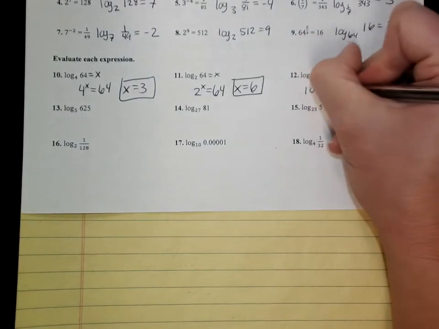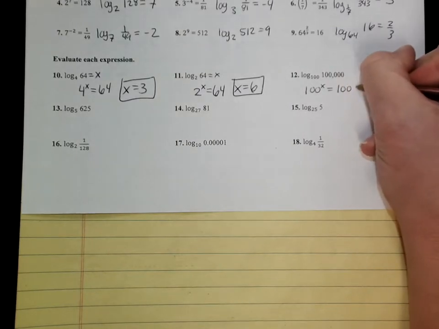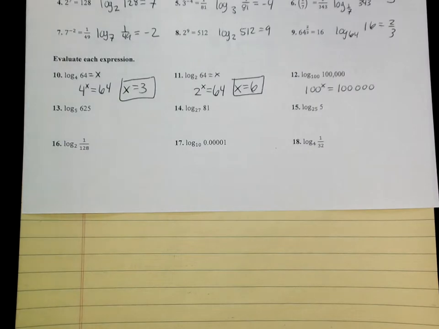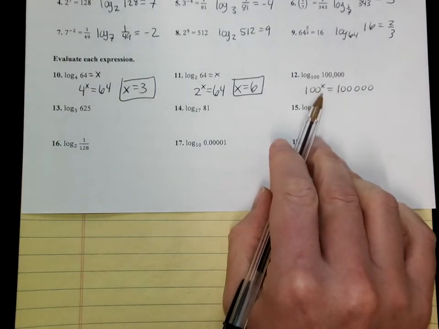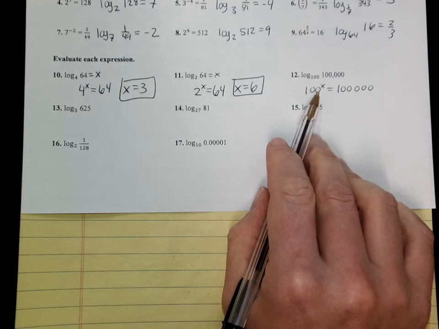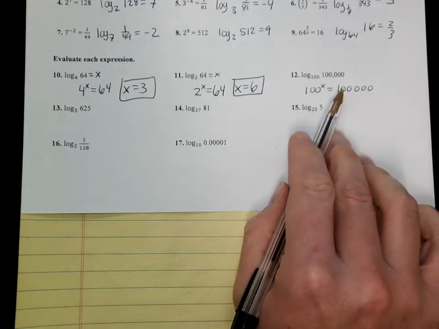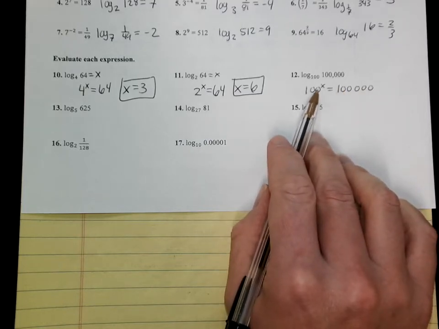So 100 to the what power equals 100,000. Okay. Well, if you square 100, then that is just 10,000, which isn't 100,000, right? That's only four zeros and not all 5. So you may have to do a little bit of fractions.